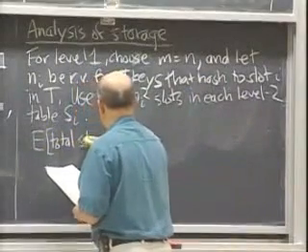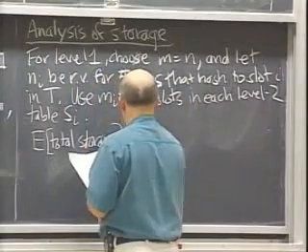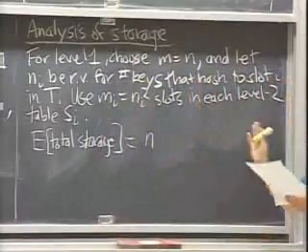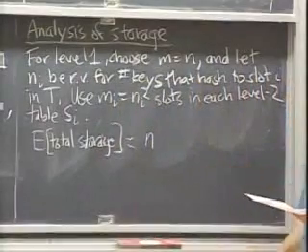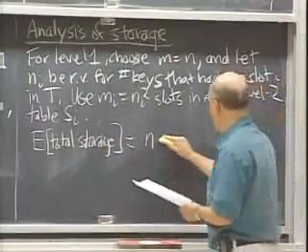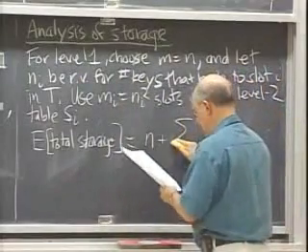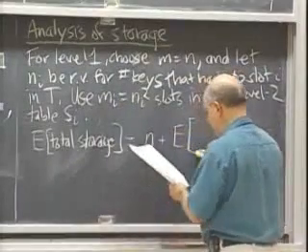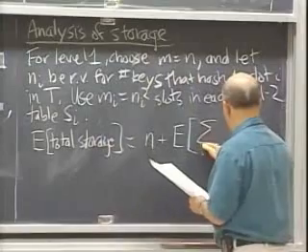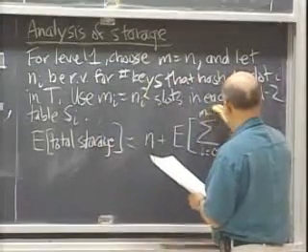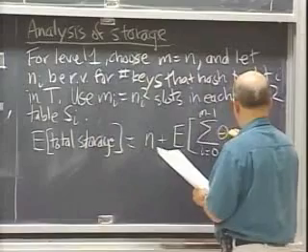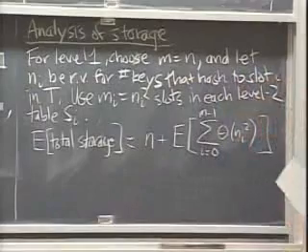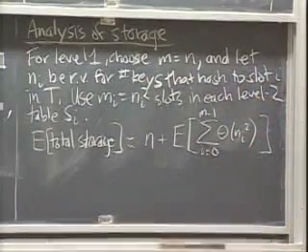So the expected total storage is just n for level 1, order n if you want, basically n slots for level 1, plus the expected value of the sum, i equals 0 to m minus 1, of theta of n sub i squared.